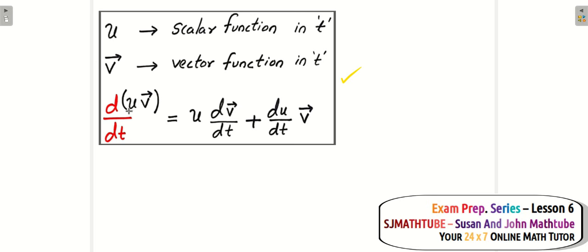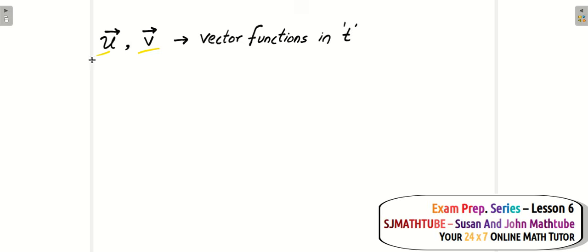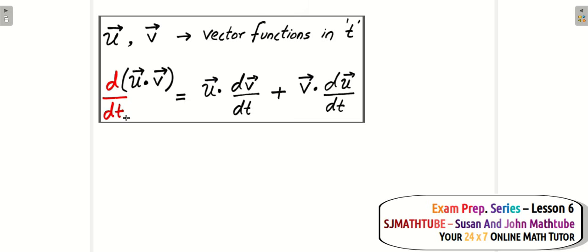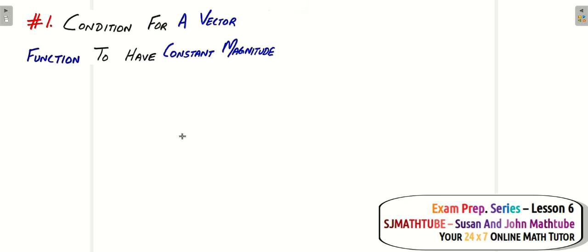Earlier it was a scalar function and a vector function, but now both are vectors, and only dot and cross make sense. This is the formula to differentiate the dot product. We have a similar formula for the cross product, but we don't need it for the proofs.